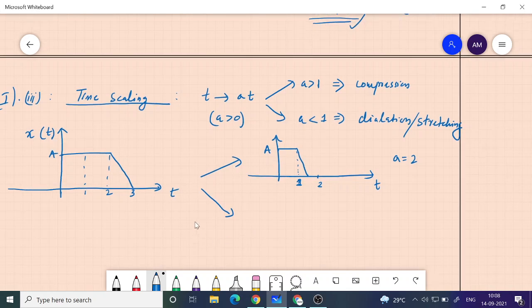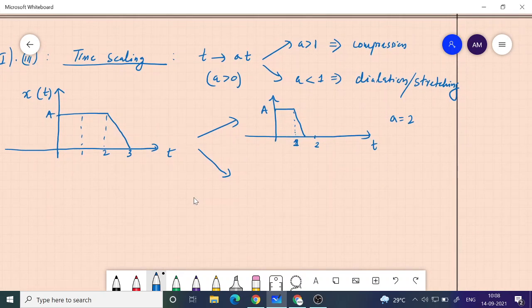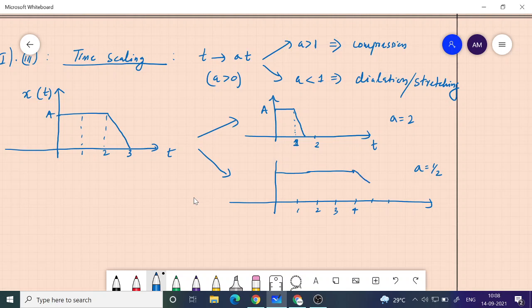And similarly, if you look at time dilation, again let's take a equal to, say, half. Then you can imagine what will happen. What used to last 2 units of time will now last 4 units of time, and what used to last 1 unit of time will now last 2 units of time.